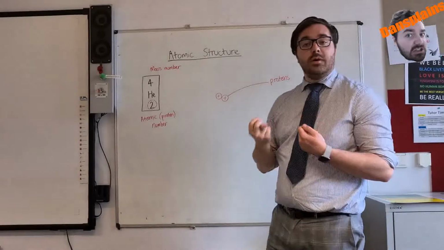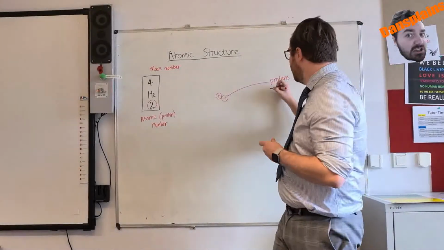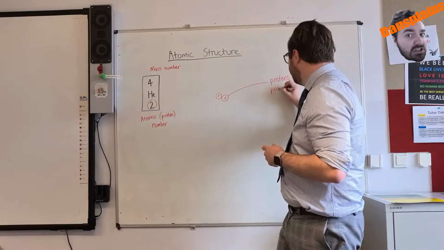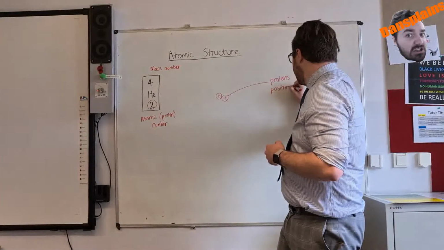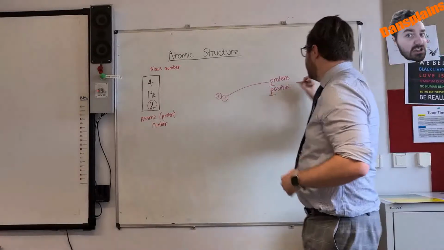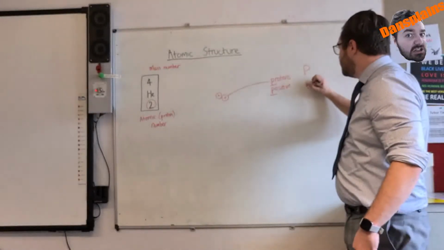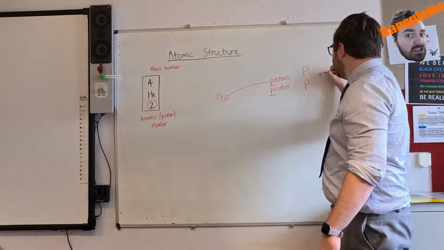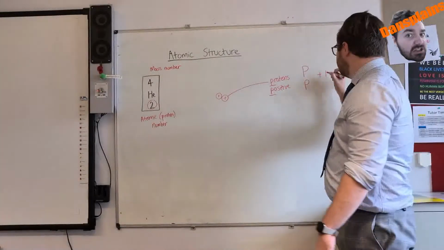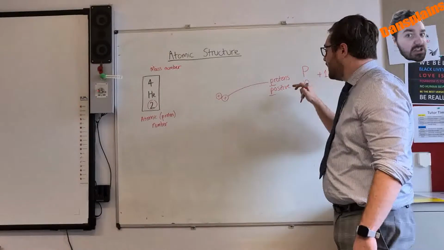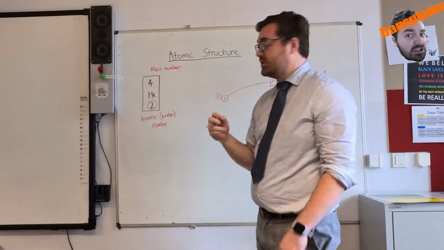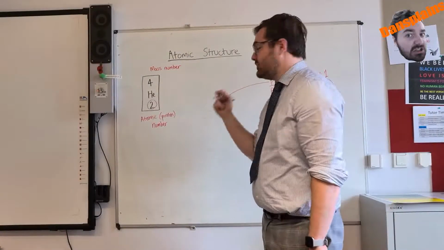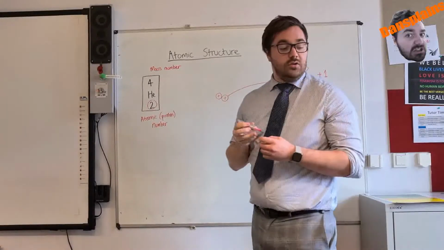And I can always remember the charge on a proton with my very simple rule of PP. Protons are positive. That means they have a +1 charge. So, protons are positive with their +1 charge. I have an atomic number of 2, which means I have 2 of them in my nucleus.